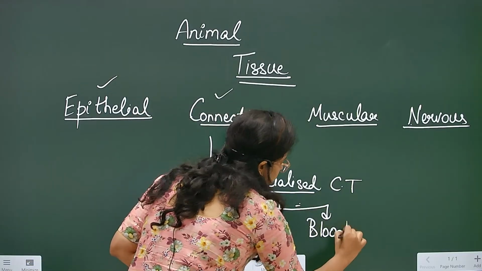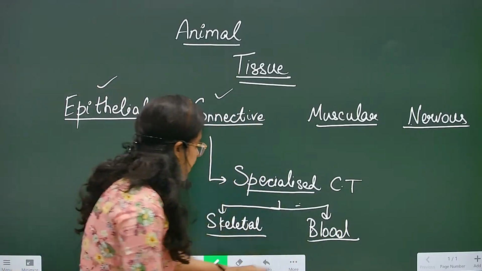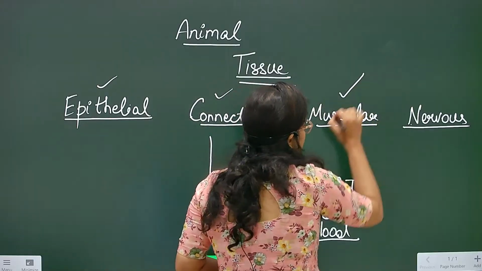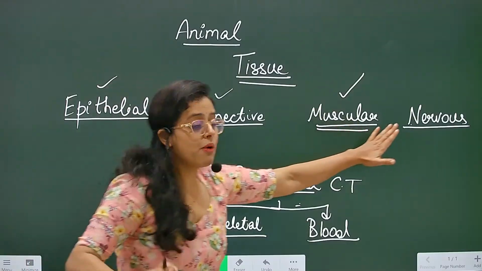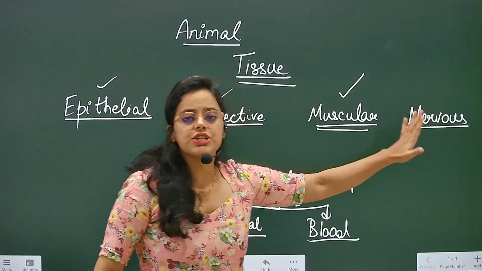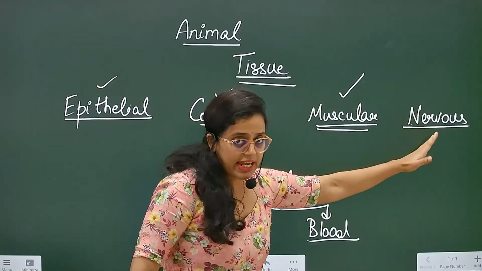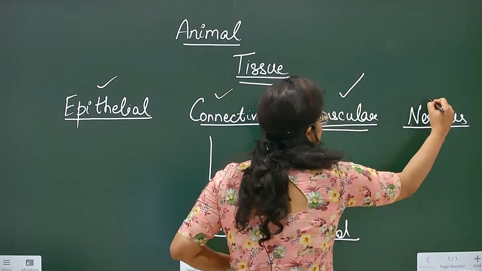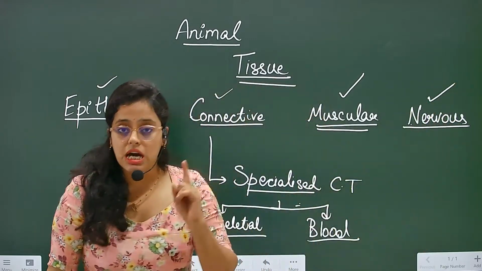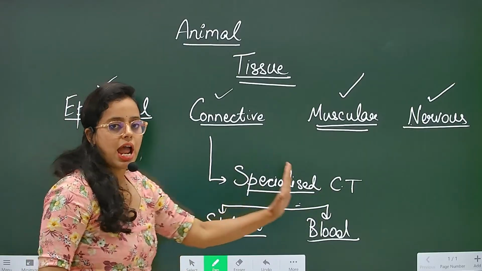Okay, so we are going to discuss blood and skeletal components today, and we are going to discuss muscular tissue, types of muscular tissue, and nervous tissue. Nervous tissue is present in the central nervous system, that is brain and spinal cord, and the peripheral nervous system. So we are going to learn about muscular tissue, nervous tissue, and specialized connective tissue, that is skeletal and blood.